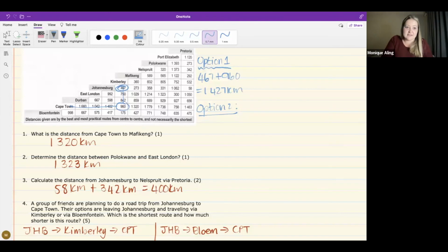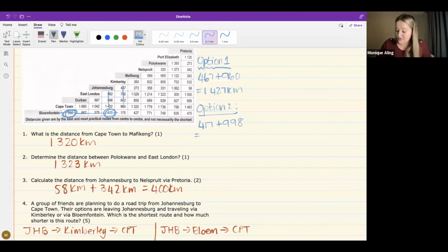Okay, option 2. It is Johannesburg to Bloemfontein. So Bloemfontein's at the bottom. Johannesburg. So it is 417 plus Bloemfontein to Cape Town, which is over here. That is 998.